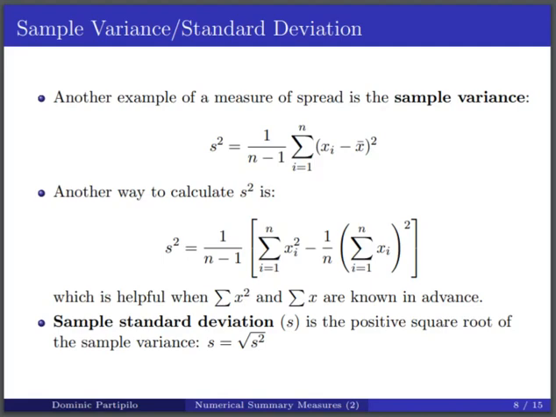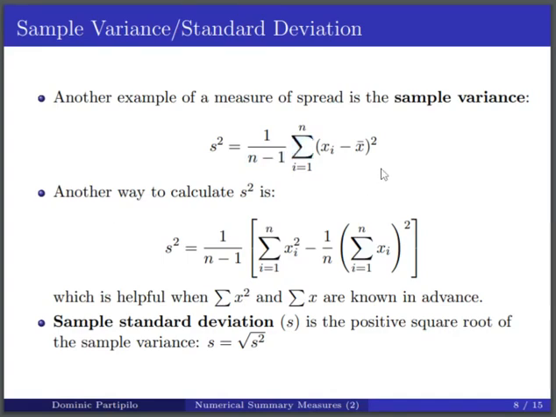The other thing too is that if we didn't square this and left it as it is, then this whole sum would add up to 0, which would make everything in this formula 0 all the time. So you're just going to have to trust me that squaring these distances is the best course of action here. After we calculate each distance and square it, we add them up and then divide by n minus 1.